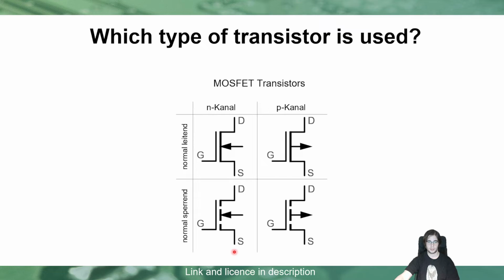And the other one is when there's no electricity on the gate, then from source to drain there is no connection, the electricity can't flow through, and when you put electricity to the gate, then your electricity can flow through. That's basically how the different transistors work, and you can just imagine there's a lot of them interconnected, working together to create different things.